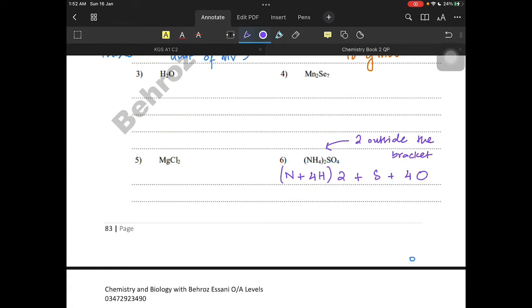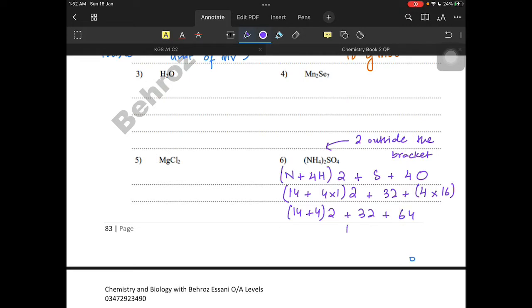So nitrogen has a mass of 14, 4 hydrogens have a mass of 1 times 4, and then there's a 2 outside the bracket. Sulfur has a mass of 32, and 4 oxygens have a mass of 4 times 16. So 14 plus 4, times 2, plus 32, and then obviously 64.